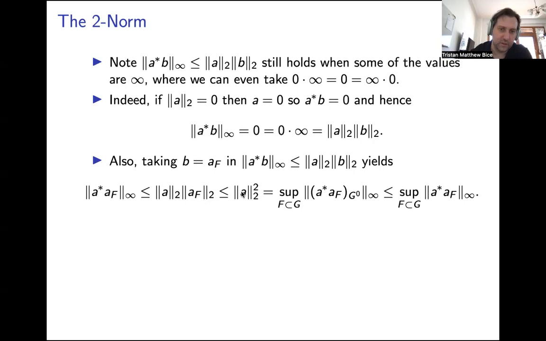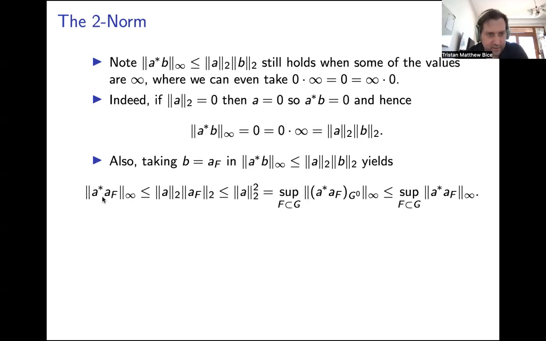So really, this is below the two norm times the two norm of A itself, so this is just that squared. And by definition, this is the supremum of all these infinity norms of A star A_F restricted to G0. But of course, you could then say, let's throw away the G0. I could look at the infinity norm of the original expression A star A_F, and the only thing that could possibly happen is that I get something larger. Okay, but now you look at this whole inequality.